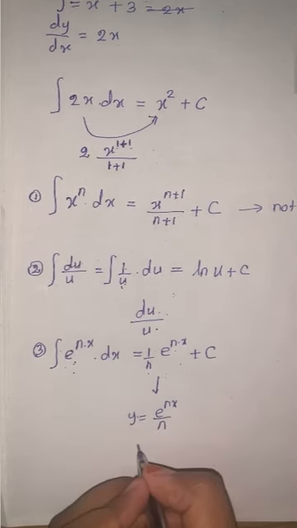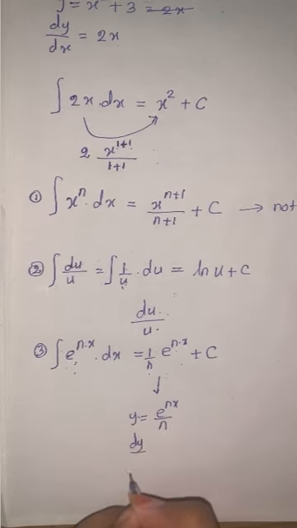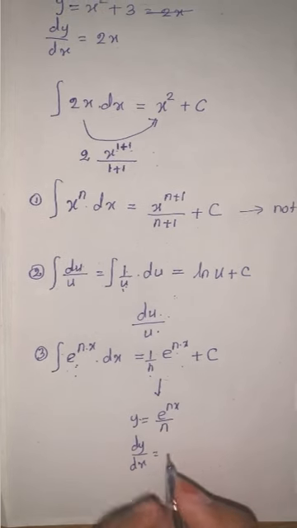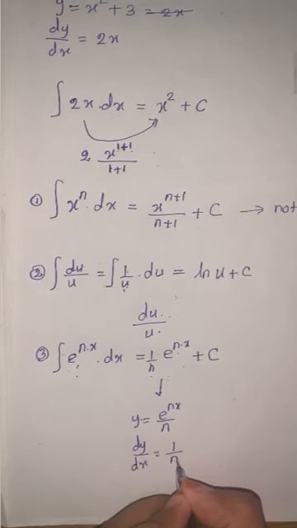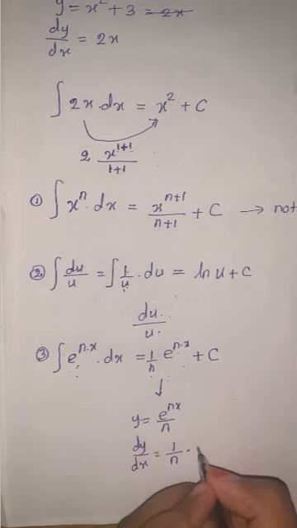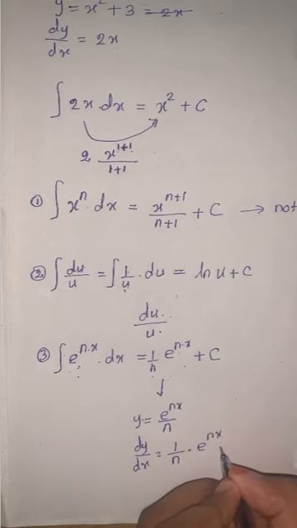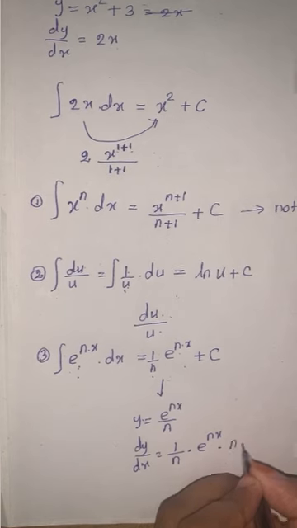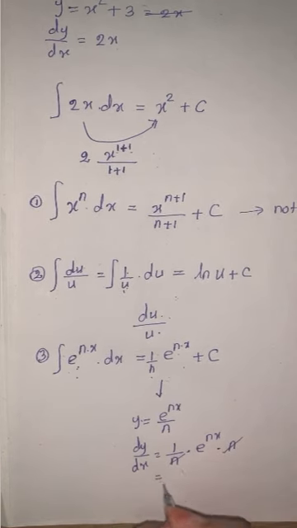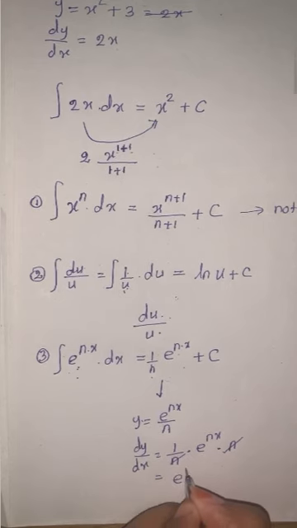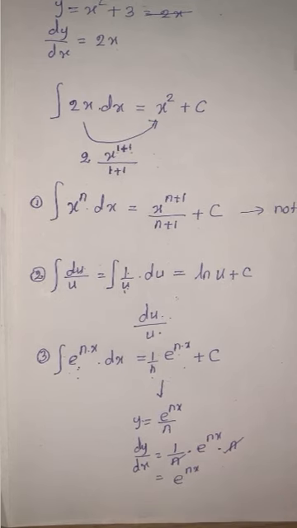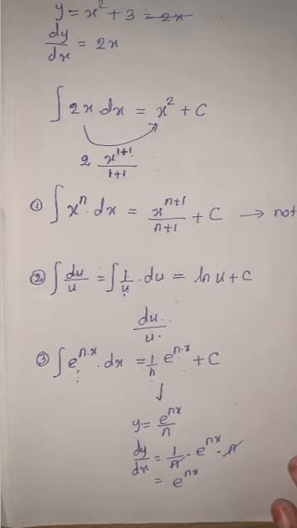If we differentiate this, n is a constant, so it stays. Differentiating e to the power nx gives n times e to the power nx, so they cancel out, and e to the power nx is here. So our answer is absolutely correct.